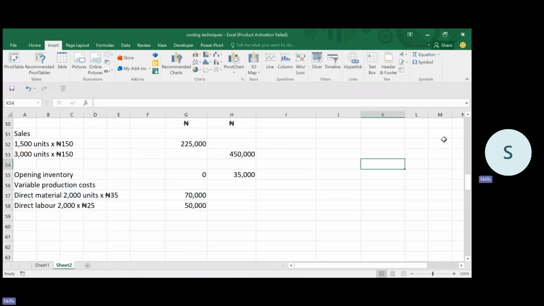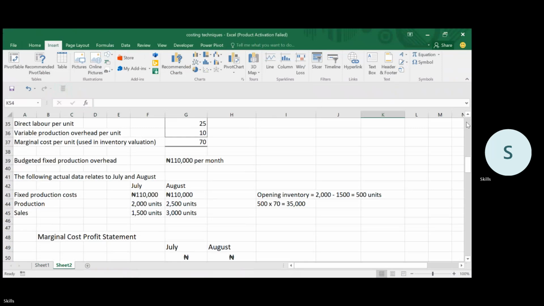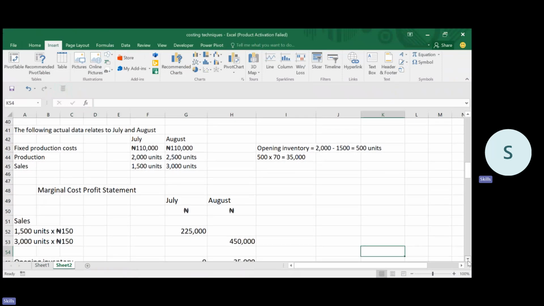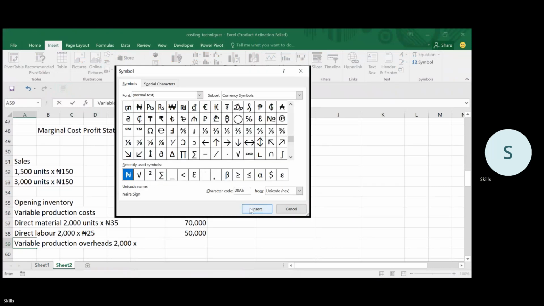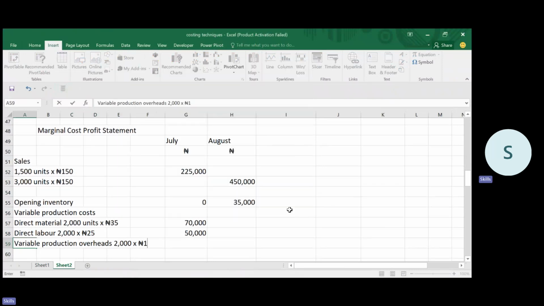Then the next variable cost is variable production overhead, which is 10 naira per unit. Variable production overhead for the 2,000 units is at 10 naira per unit.